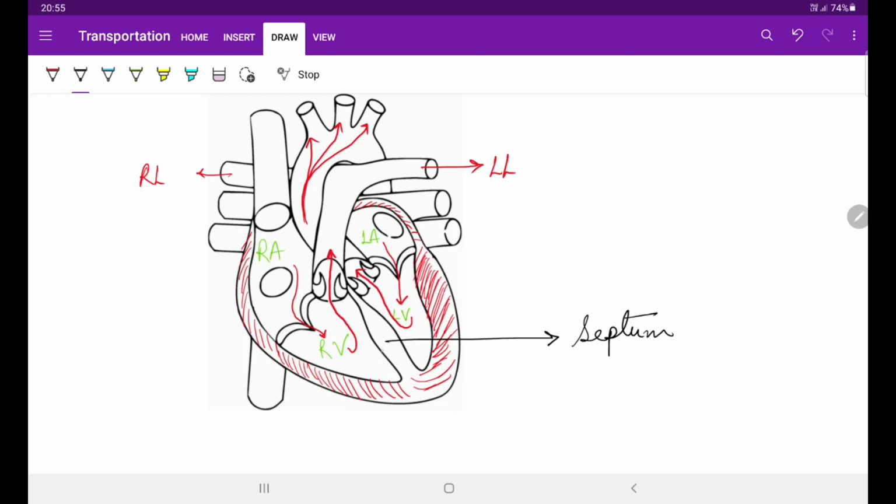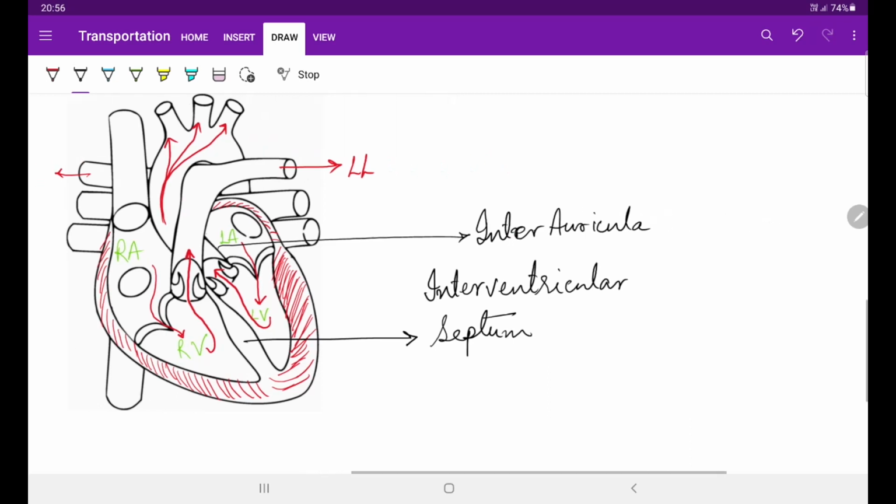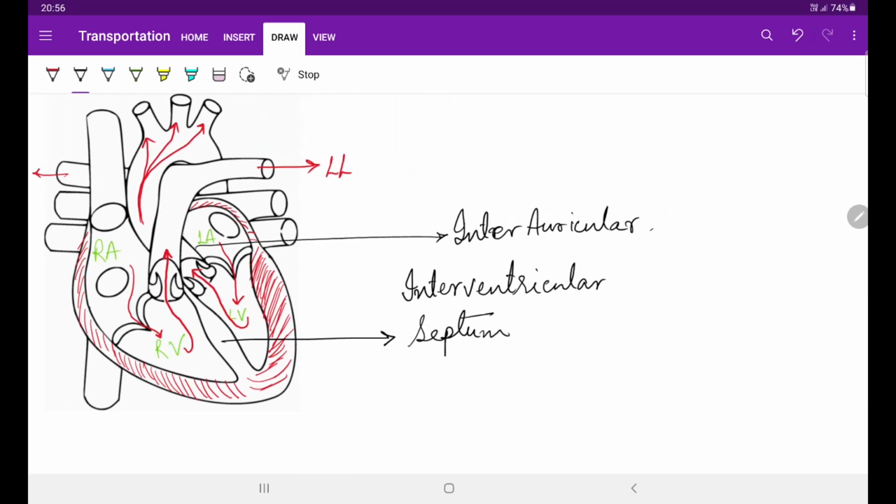Ventricles are separated by the interventricular septum. In a similar manner, though the septum of the auricles is not very visible to us, an interauricular septum is also present, which separates these auricles and ventricles from each other.